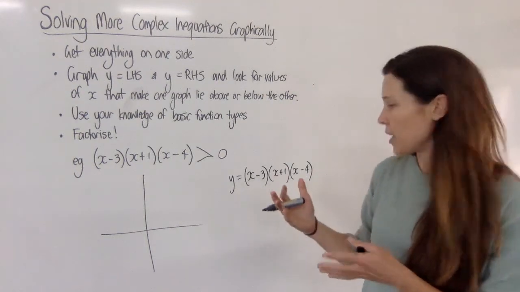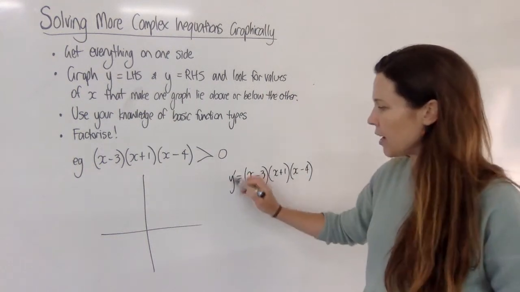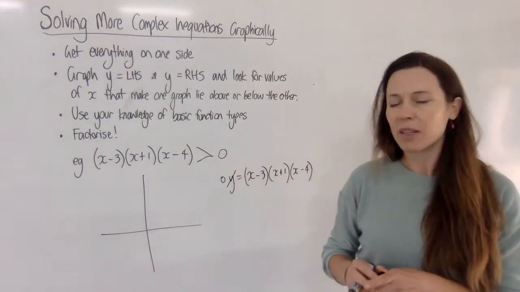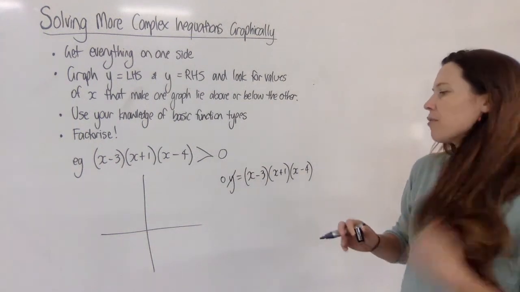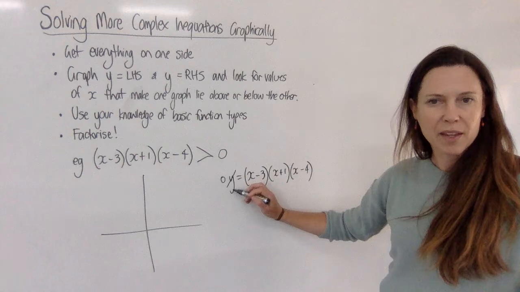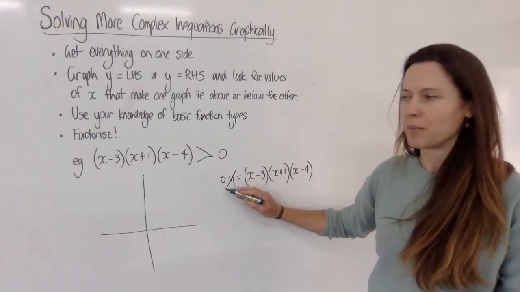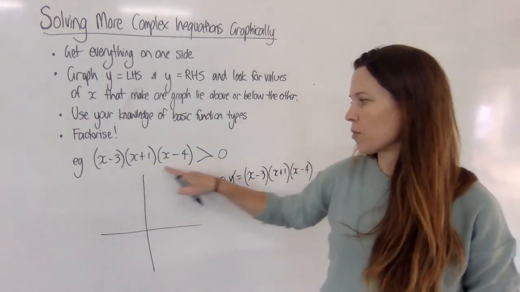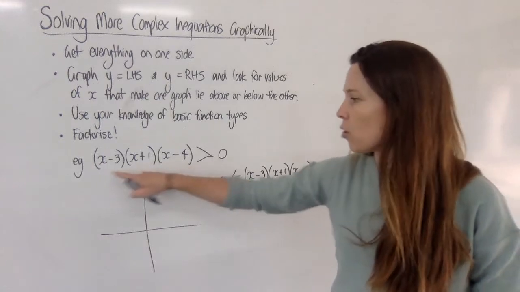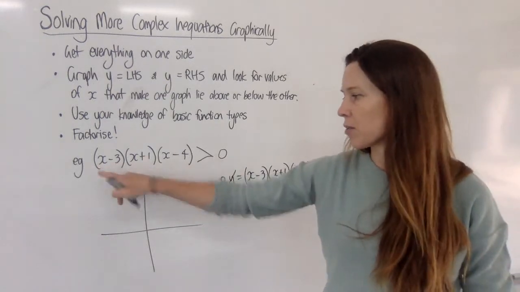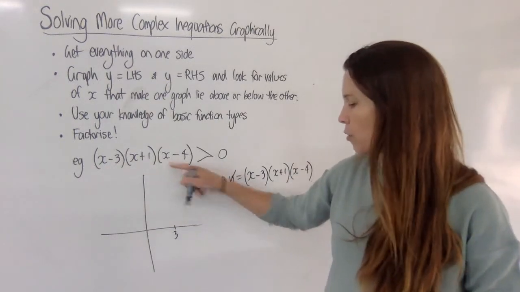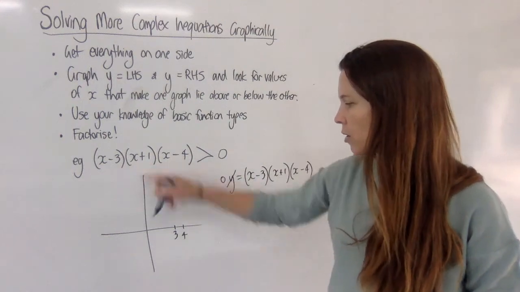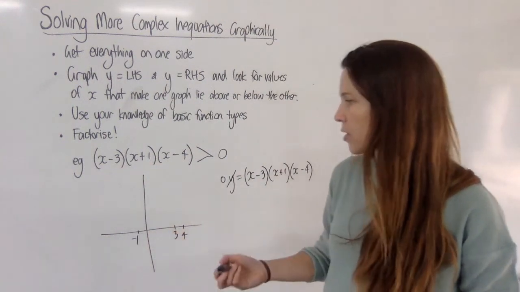Well, it'd be handy to know where the x-intercepts are. How do I do that? I let y equal 0. Now all of this part will equal 0 when x is 3, or 4, or negative 1. So I can jot those on a quick sketch.